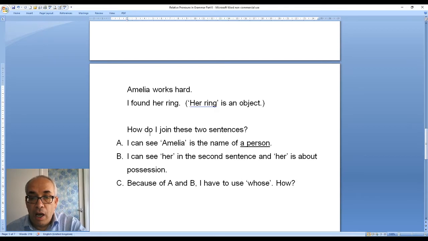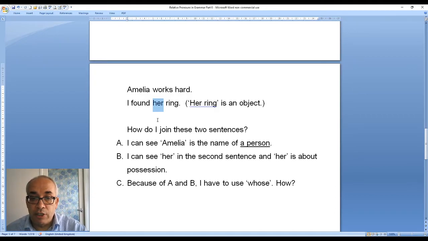So, how do I join these two sentences? I can see Amelia is the name of a person. So this is Amelia, and Amelia is the name of a person. I can see her in the second sentence. This is her. And her is about possession. Her ring, it means the ring belongs to her.